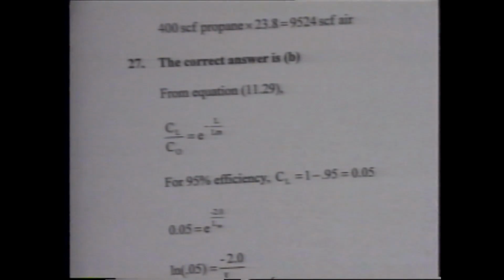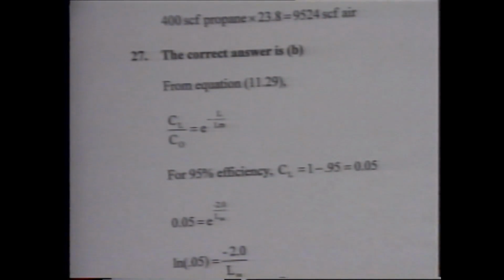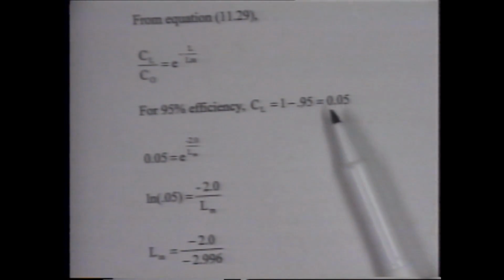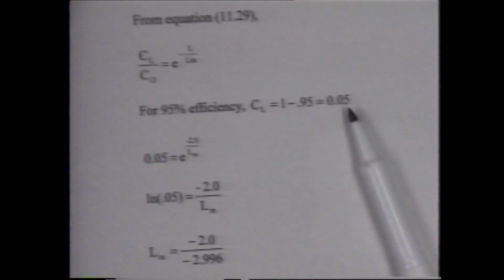And we can calculate L sub m for this particular catalyst from the pilot scale data. C over C0 is 0.05 because we have 95% removal. So 0.05 over 1 is equal to e to the minus 2 inches over L sub m. Solving that for L sub m, we find that that is 0.6676 inches.